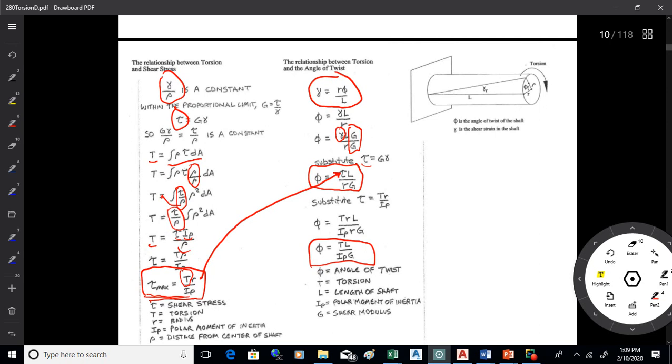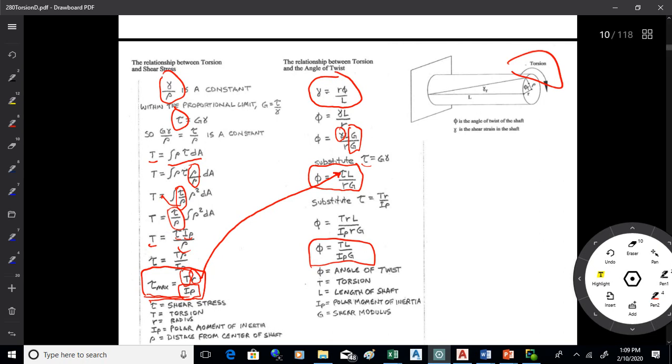The further out from the center of the shaft you are, the bigger the shear stress. That's what R is, it's rho max. And moment of inertia is the property of a shape and how well it resists bending or twisting actions. That's why it's in the bottom, because you have an inverse relationship for that.